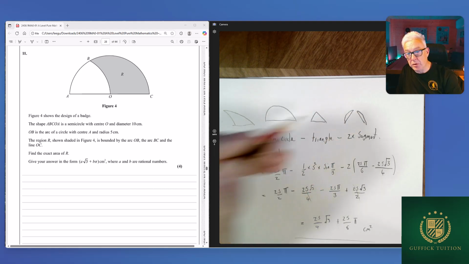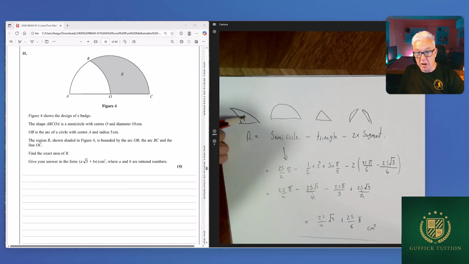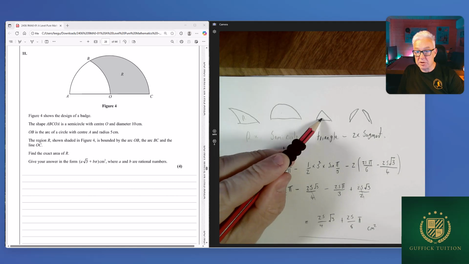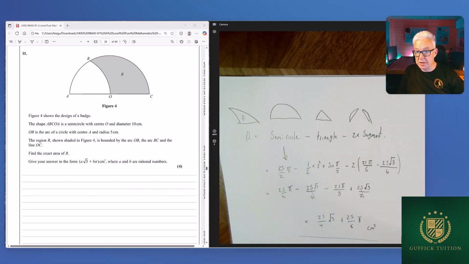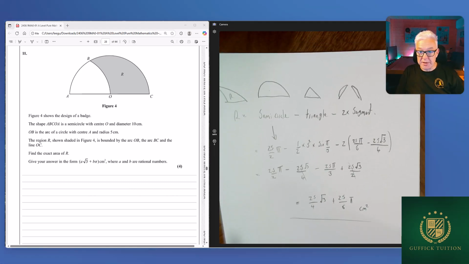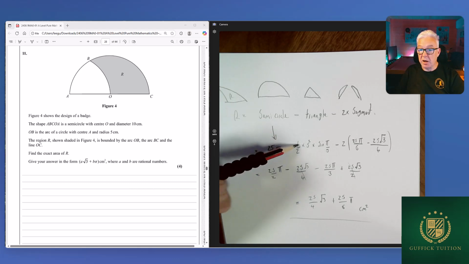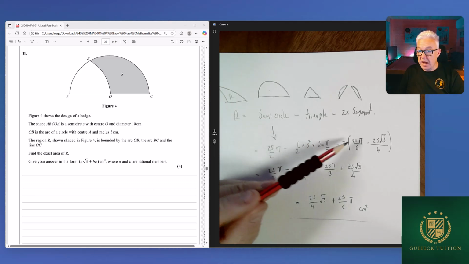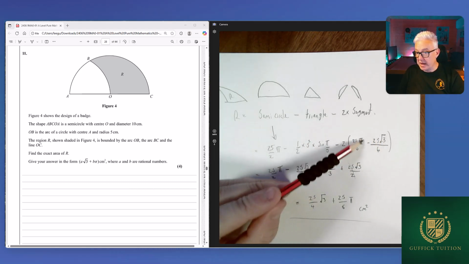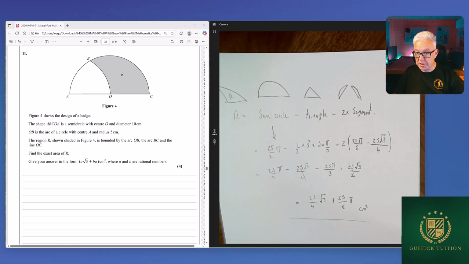So therefore the area that we're after, R, is the semicircle minus the triangle minus 2 of the segments. We know all of these elements now. So the semicircle is 25 over 2 pi. Our triangle is a half ab sine C, and we worked out previously one of the segments, and we're going to take off 2 lots of that segment.